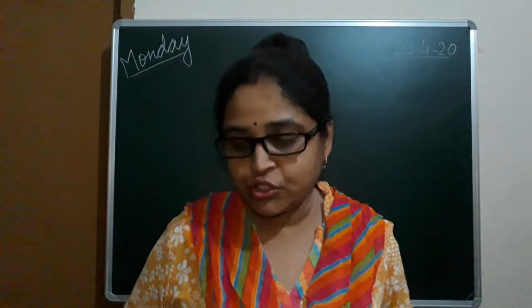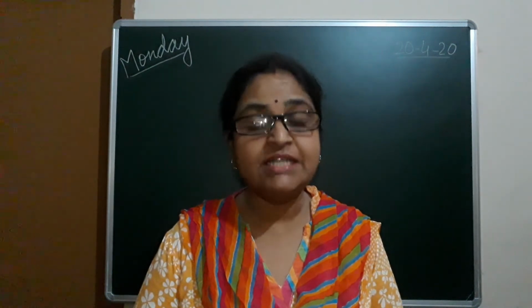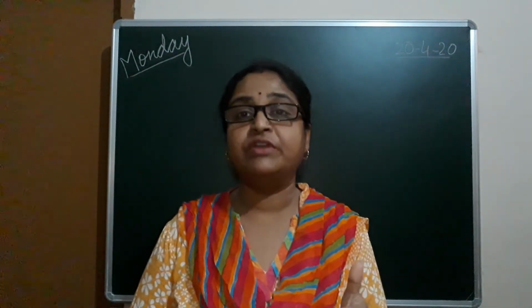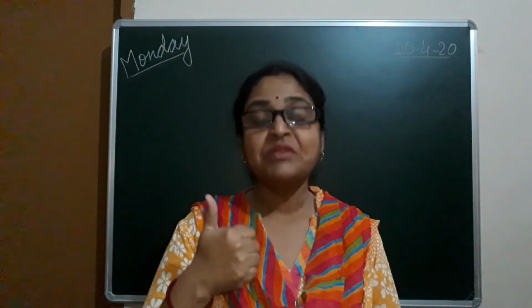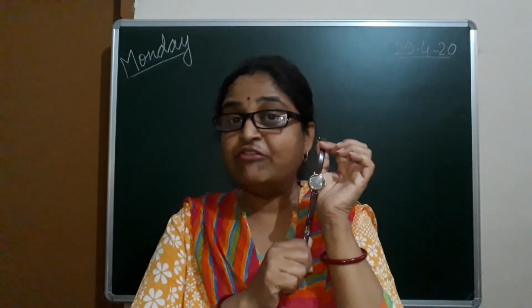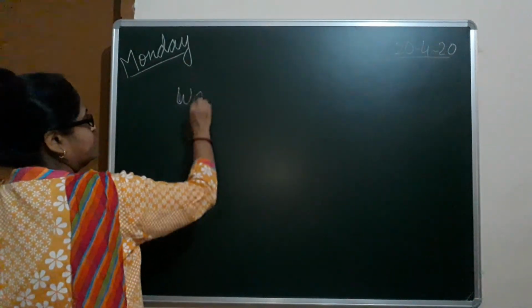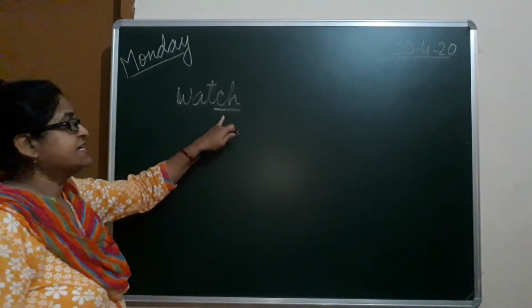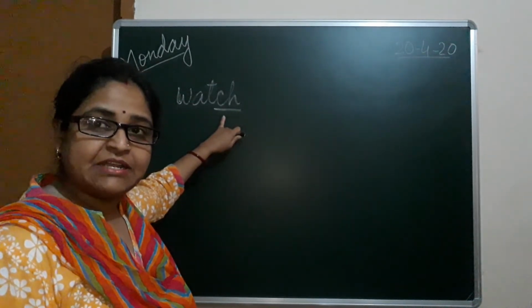So now today children, I gave you the explanation of the words where we use S and ES at the end of the words to make singular words into plural words. Do you remember that? What do we use when we have watch? The word watch is ending with which letter? Watch is ending with CH. So when we have CH at the end, what do we add to make it plural?